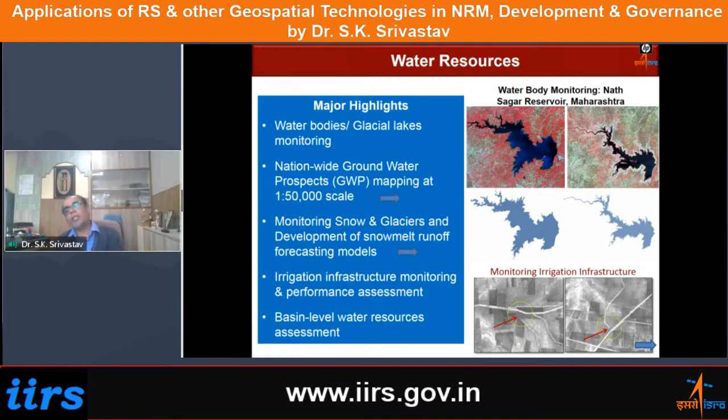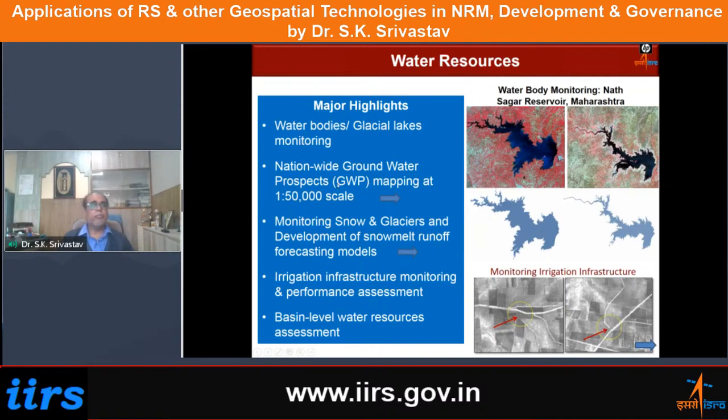So this is another application which has emerged recently for estimation of the volume of water present in the reservoirs and lakes. The only thing is there is some constraint as far as the data availability is concerned. But technologically, this volume estimation of the major water bodies is possible using satellite remote sensing techniques today.